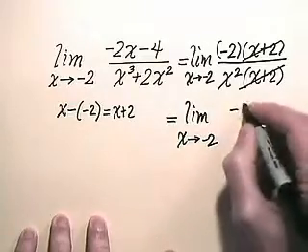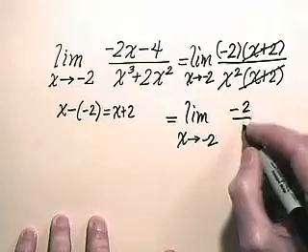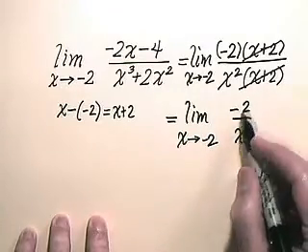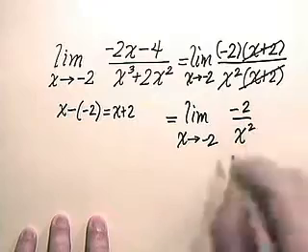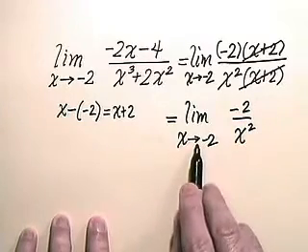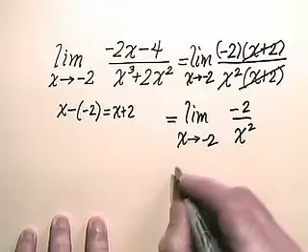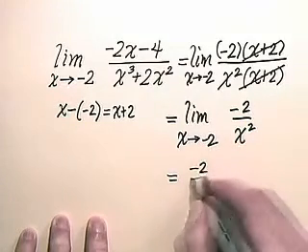So at this point, try again. Replace the x by -2. We get -2 over -2 squared, which is -2 over 4, or finally just -1/2 as our limit.